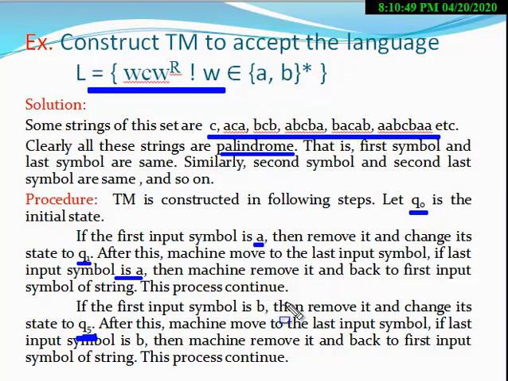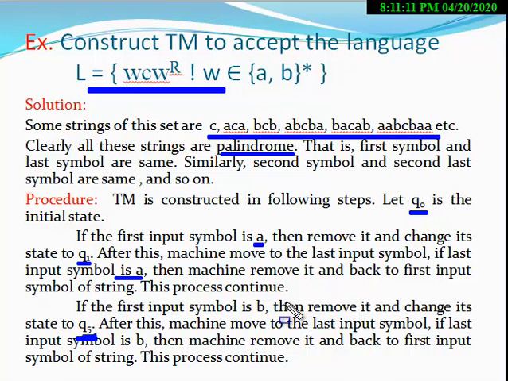If at this state some input string remains on the tape, then the machine does not enter into the final state. So this is the whole process for the working of this Turing machine. That is the procedure to construct a Turing machine.